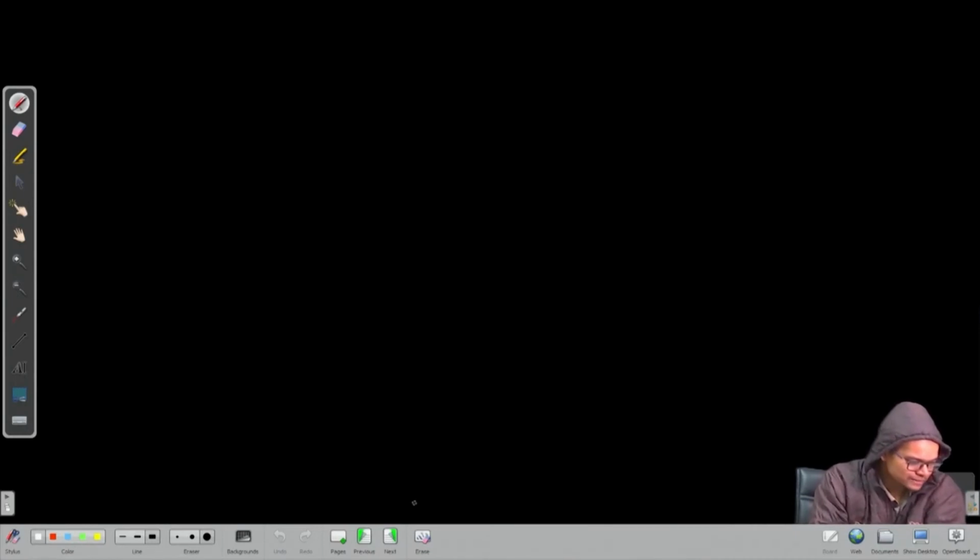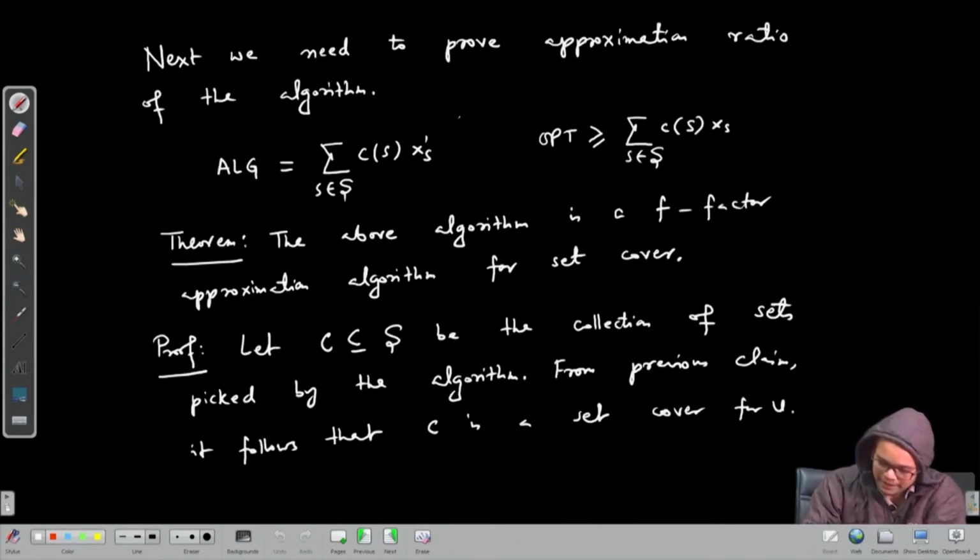Now the rounding process, so now we need to compare ALG with this. So what is ALG?